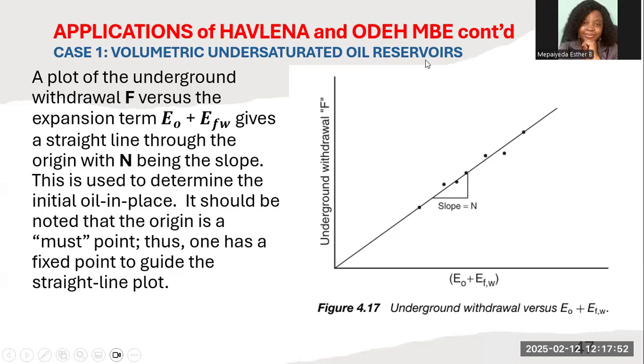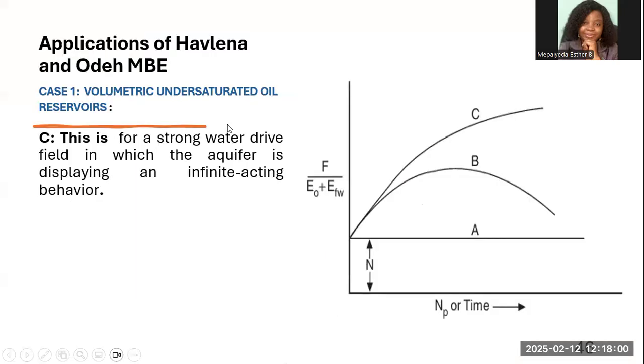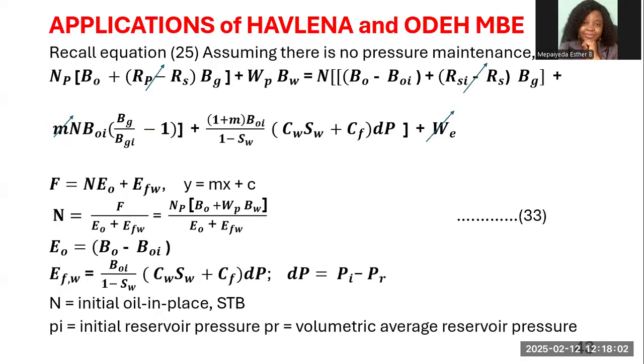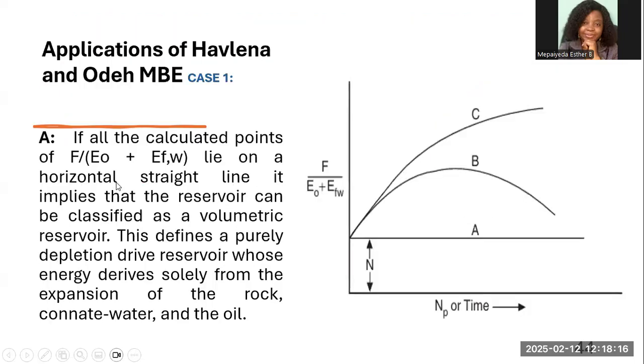So in this case, if we plot our F versus EO plus EFW, this can also happen. Let's go back a bit. Now, we have F equals N into EO plus EFW. Now, for Y equals MX plus C, if we plot our F against this, what do we have?